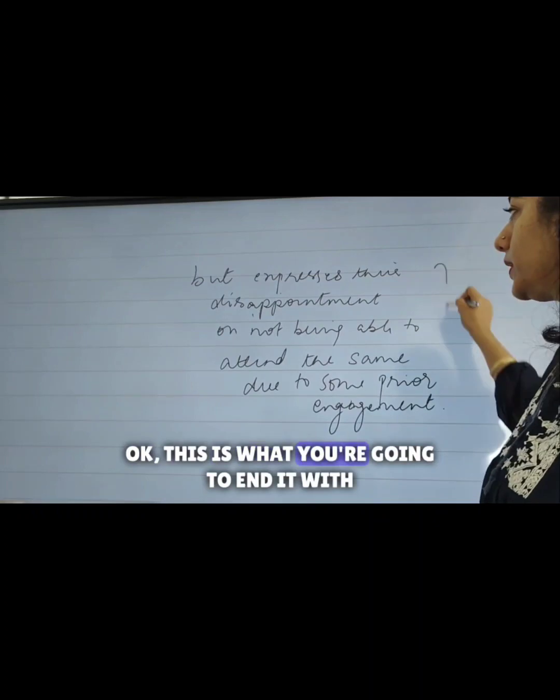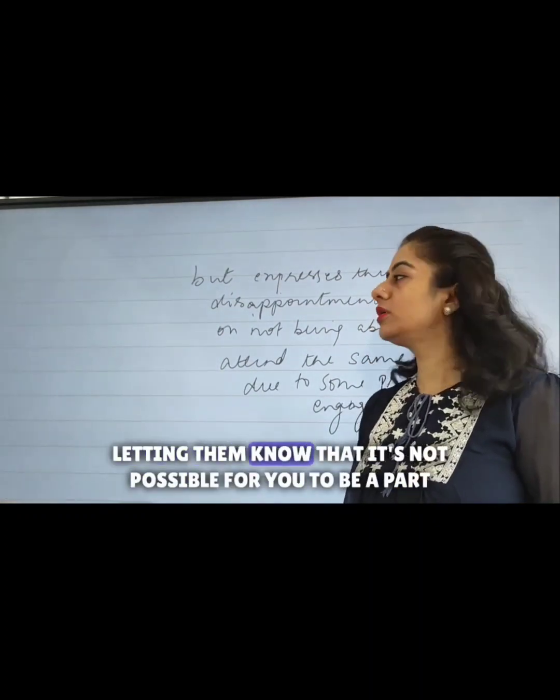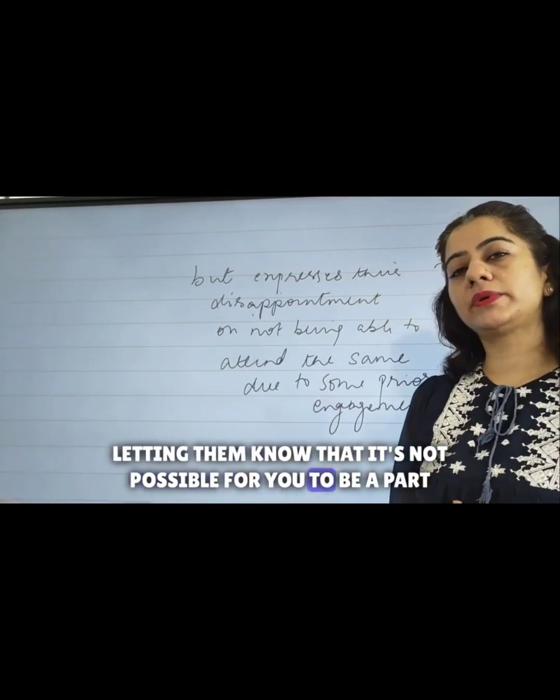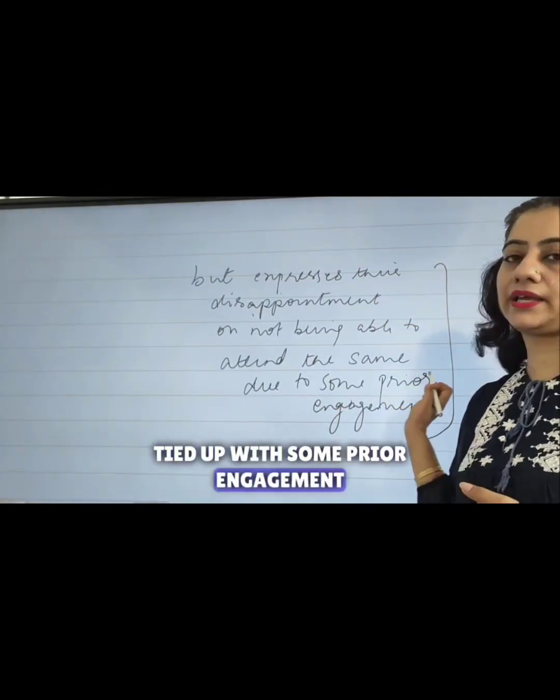Okay, this is what you're going to end it with. You will just add a line declining the invitation, letting them know that it's not possible for you to be a part of it because you're already caught up or tied up with some prior engagement.